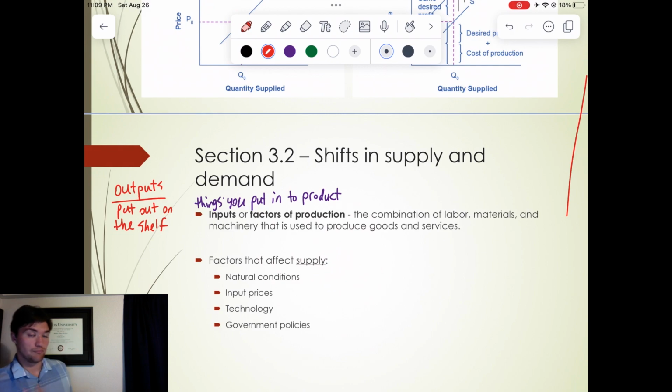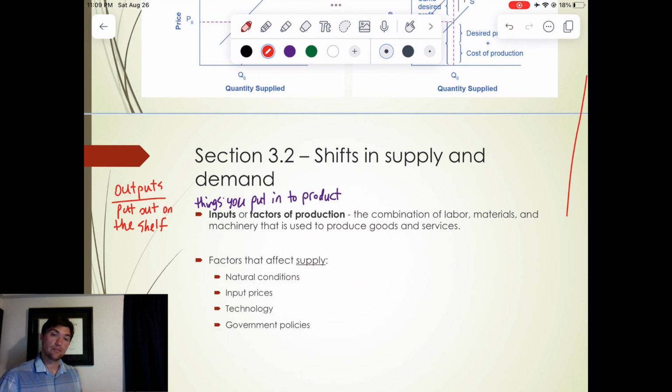Like if we were trying to make a t-shirt, you would have cotton, you would maybe need the labor to make the shirt, maybe you would need somebody to design the label for it, maybe you would need some machines to kind of weave it together, right? So all of these factors are being put into this one t-shirt. And then once the t-shirt's done, we put it out on the shelf.